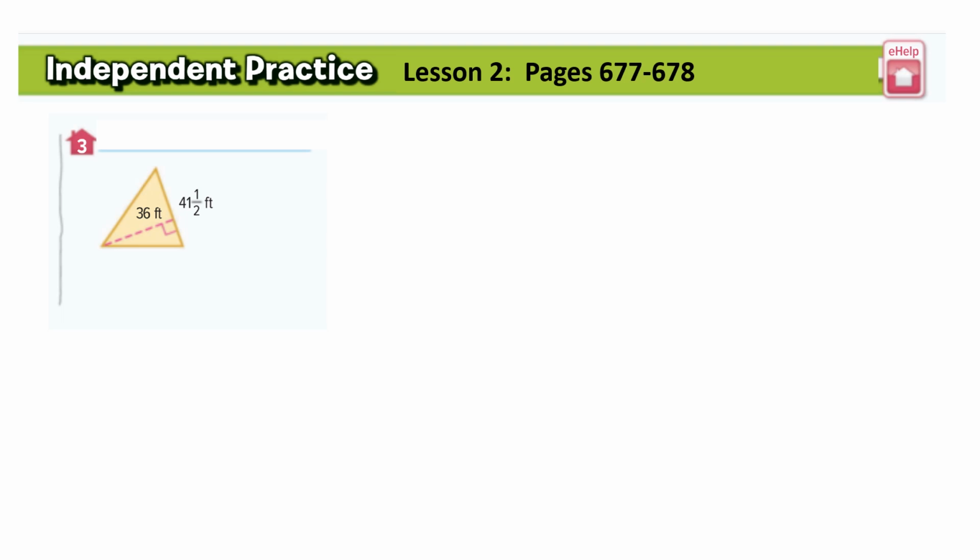Question number 3. We're finding the area of this triangle. Area equals 1/2 times the base times the height. Now, the base is the side that we consider the bottom. Even though it might actually not appear on the bottom, it is perpendicular to the height.